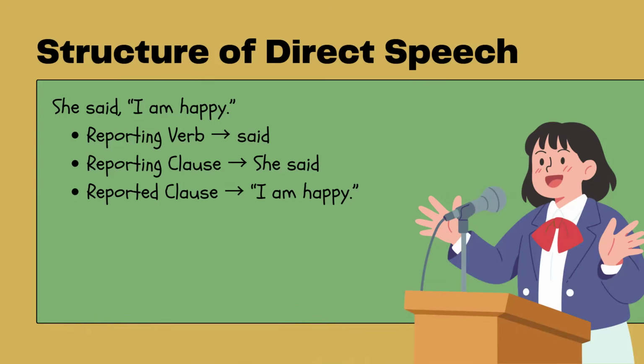The reporting verb is said, the reporting clause is "she said," and the reported clause is "I am happy" within double quotation. In exams, your main work is to change the reported clause correctly. That is, "I am happy" has to be changed. The reporting clause mostly remains the same, with slight verb changes according to the requirement.